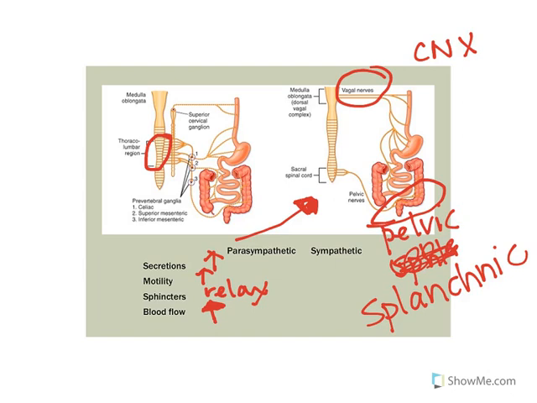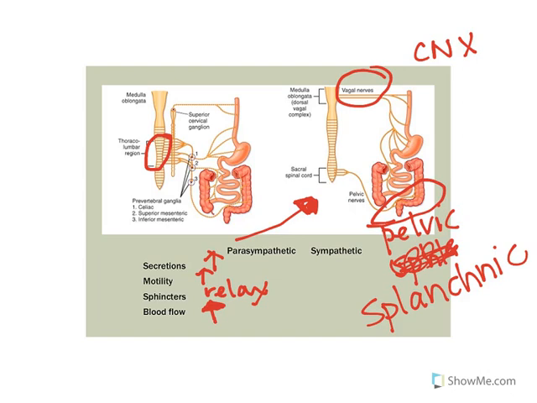The celiac ganglia pretty much is the stomach and the esophagus, the very upper parts. Superior mesenteric is primarily small intestine, and inferior mesenteric are the lower parts, more large intestine. So they innervate different parts.